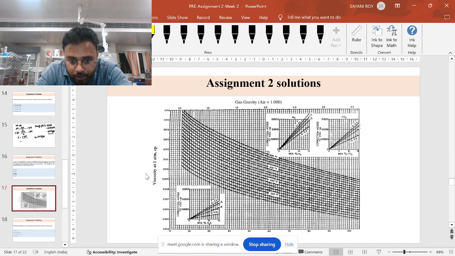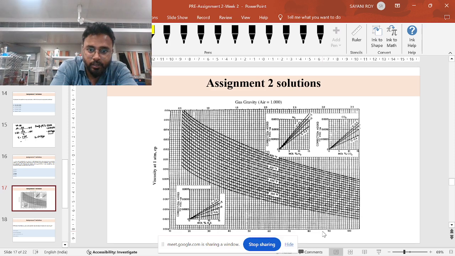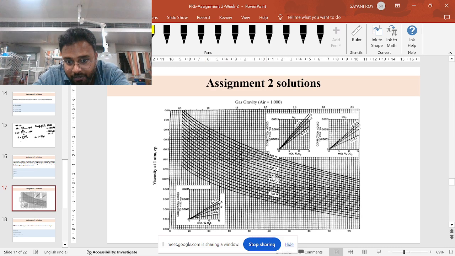Also, the molecular weight of the gas is given as 40. You can see the x-axis here. It is the molecular weight of the gas. If 40 is marked on the x-axis, and 240 degree Fahrenheit is marked on the curved lines, from this we can find out the viscosity of the gas.